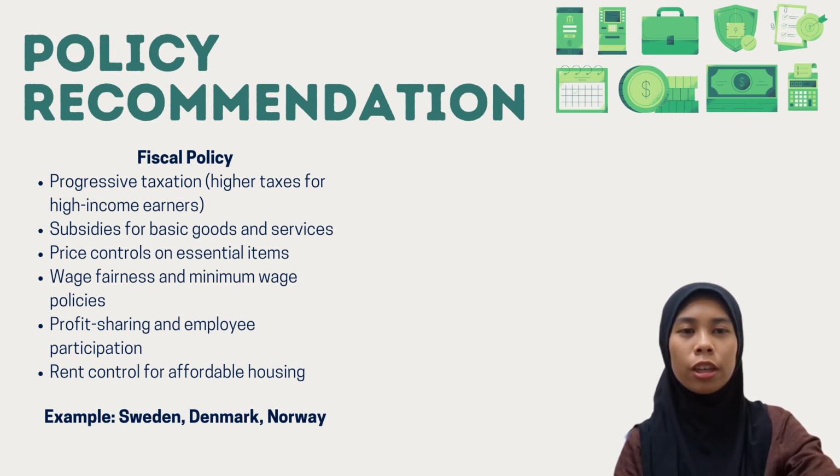Rent control and profit-sharing in companies can reduce inequality and also help motivate workers. The Nordic countries like Sweden, Denmark, and Norway successfully use these strategies by combining progressive taxes and strong social services like free healthcare and education, creating a fairer and more balanced society.